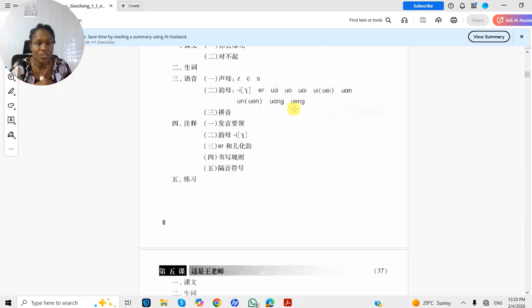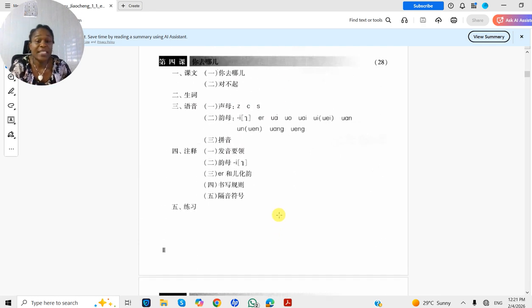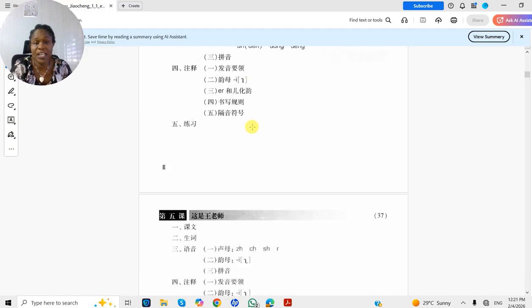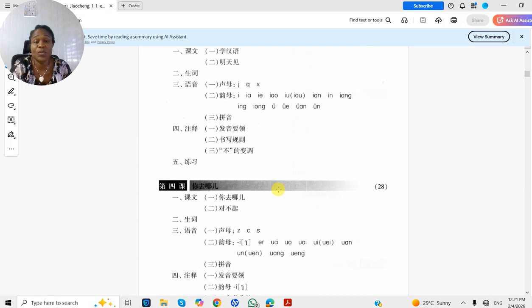The ANGs go with them. The ENGs go with them. The ONGs go with them. The UO, the UAO, all those finals go with the ZH as well. They are related to the ZCH. So whatever finals go with the initial ZCH, the same finals can go with the ZH, CH, and SH.